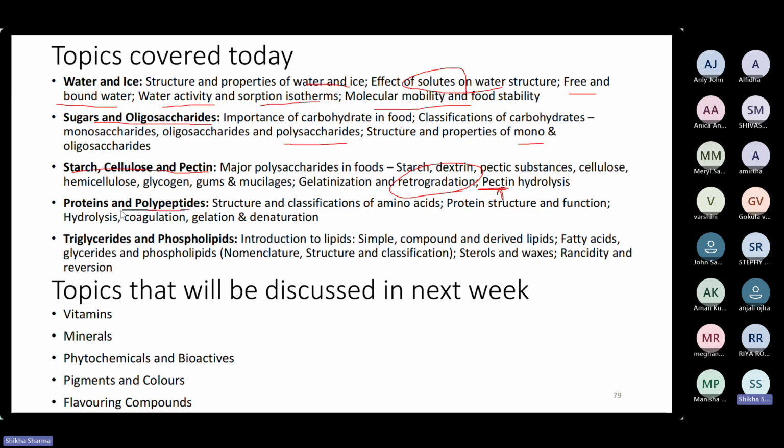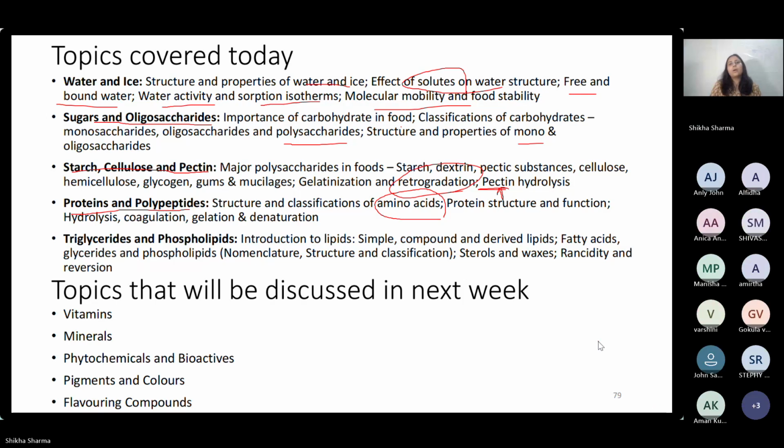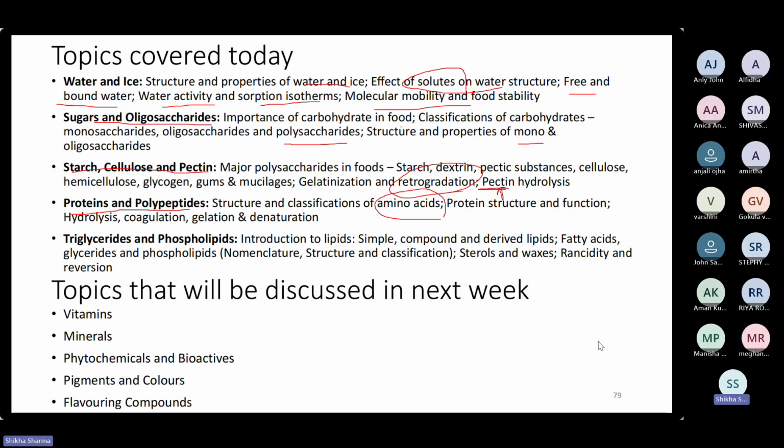And we discussed proteins and polypeptides, different amino acids, which amino acids can form alpha helix or secondary structures, and which cannot.